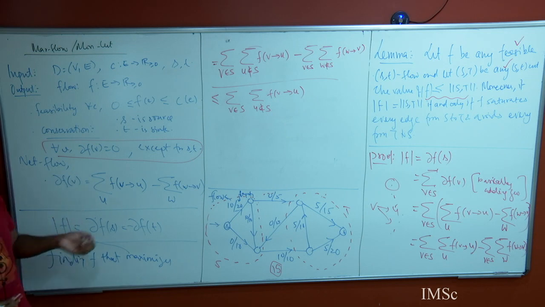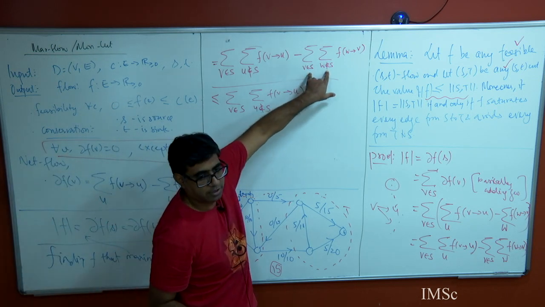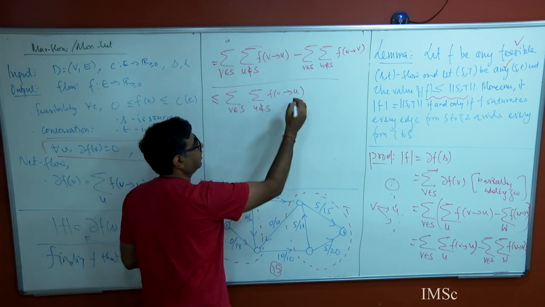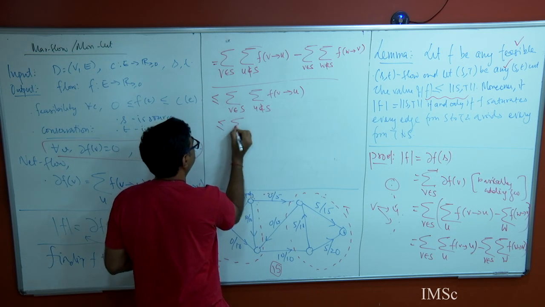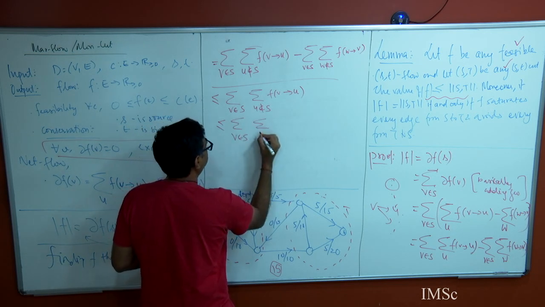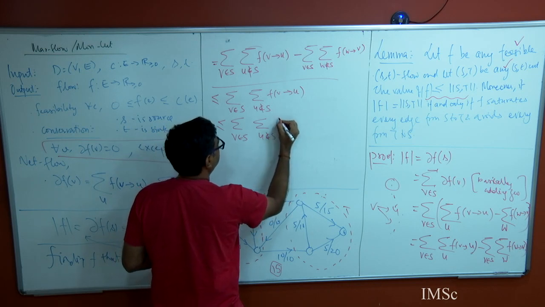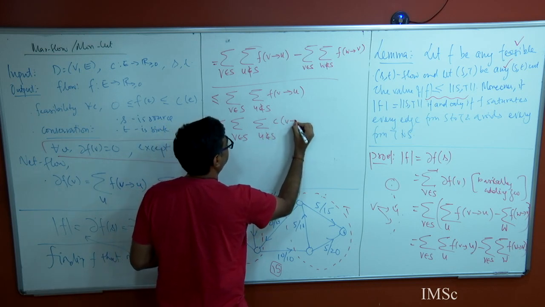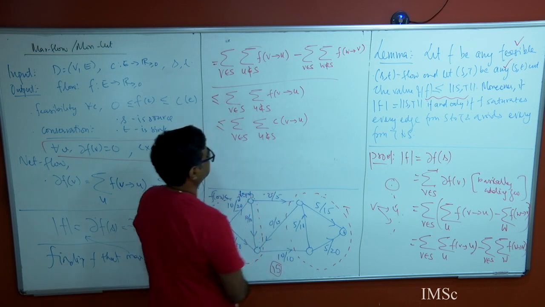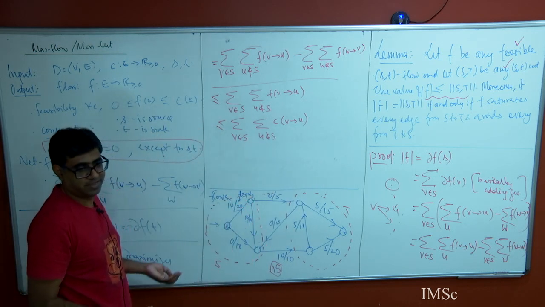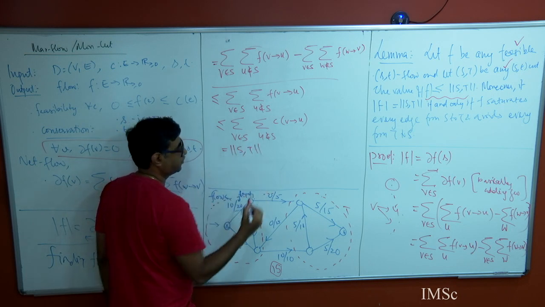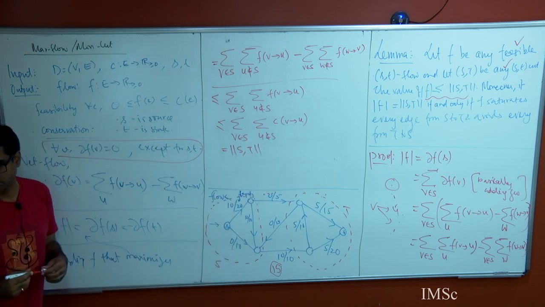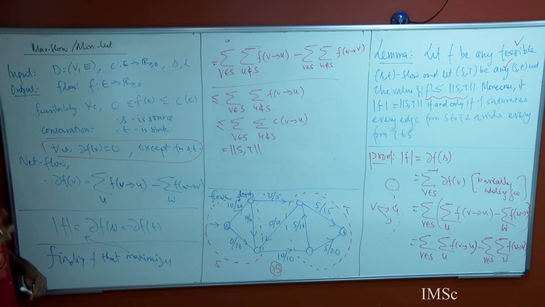Because this is a non-negative quantity. But what is this quantity? This is also upper bounded by the capacity. So this is summation v in S, summation u not in S, capacity of v to u. But what is this? This is exactly equal to the definition of cut, right? This is by definition, okay? So we used inequality twice, okay?